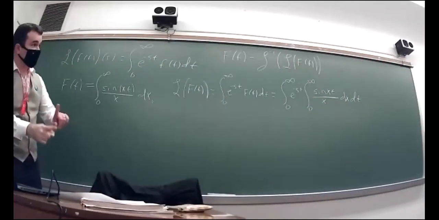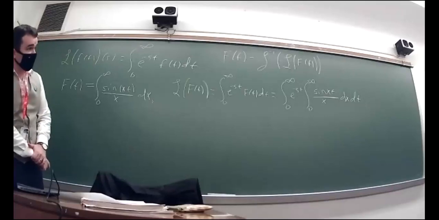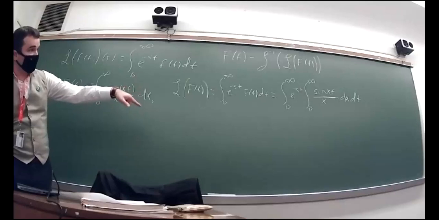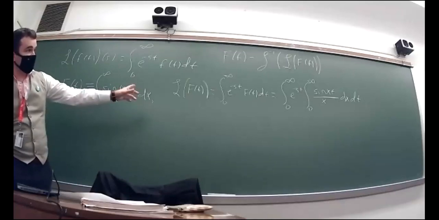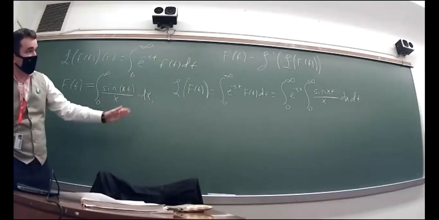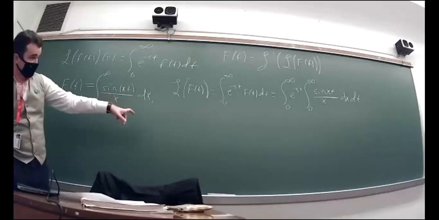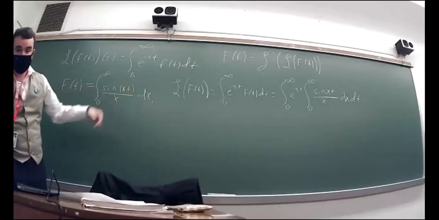I want to switch the variables of integration. First I'll notice that the e to the minus st, I can bring inside the integral with respect to x, because e to the minus st is like a constant with respect to x. I bring that in, and then I'll do a switch of integrals due to Fubini's theorem. dx dt becomes dt dx. Since this domain is rectangular, the bounds of integration will stay the same.